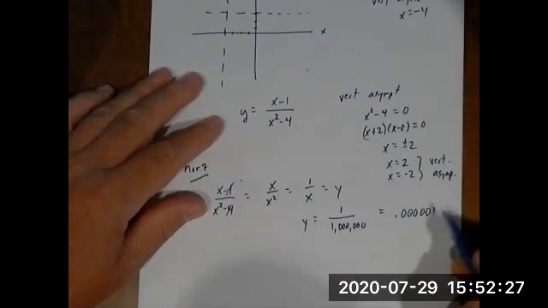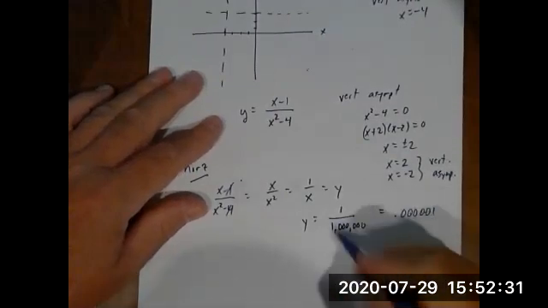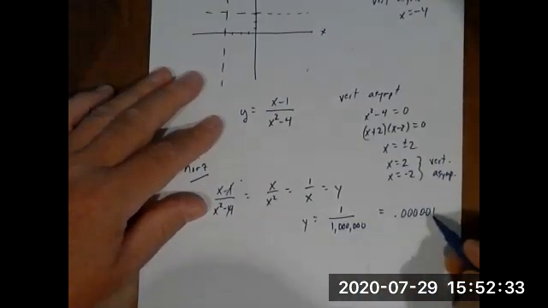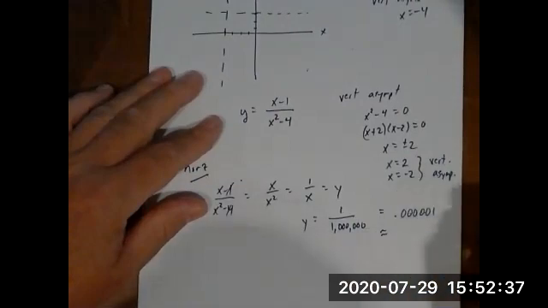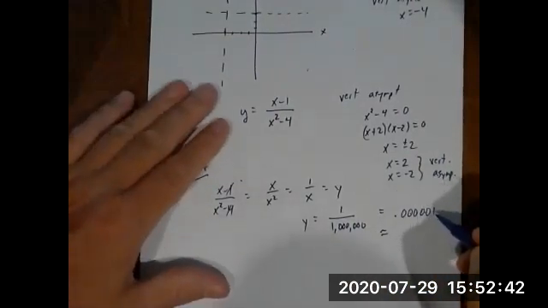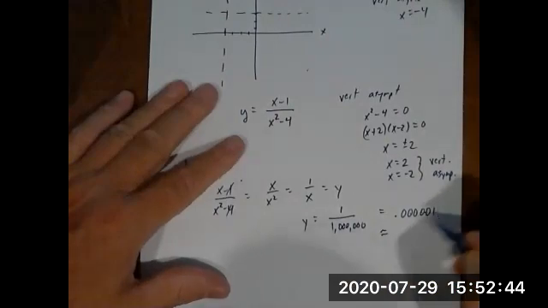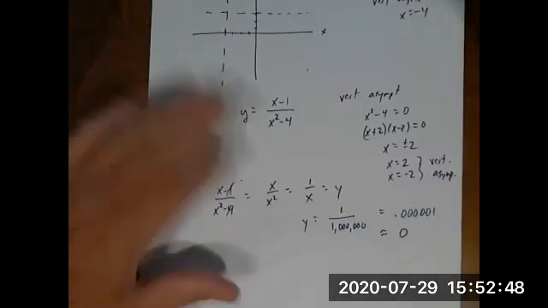That's a really small number. And you know what? If I put an even bigger number in for x, this number gets even smaller. So normally what we do here, if our number is getting super small, you know what I'm going to call the horizontal asymptote? I'm going to say it's approximately 0.